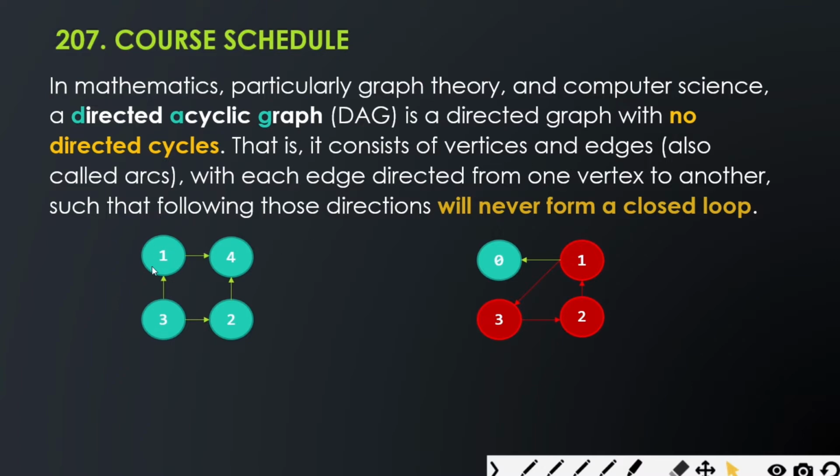The vertices are these circles here, and the edges are the lines or arrows, also called arcs, with each edge directed from one vertex to another, such that following those directions will never form a closed loop. So this first graph here is a DAG, and the second graph is not a DAG because it has a closed loop.